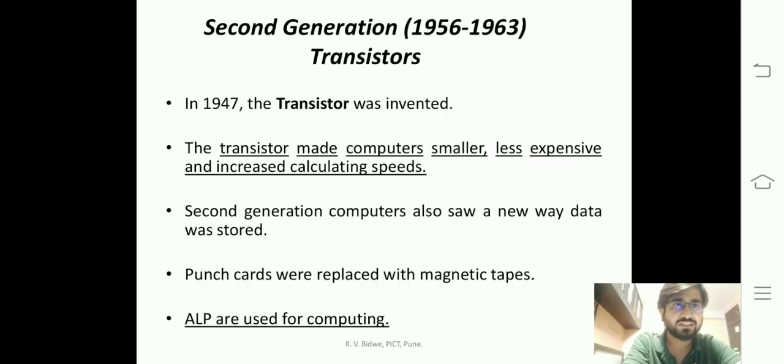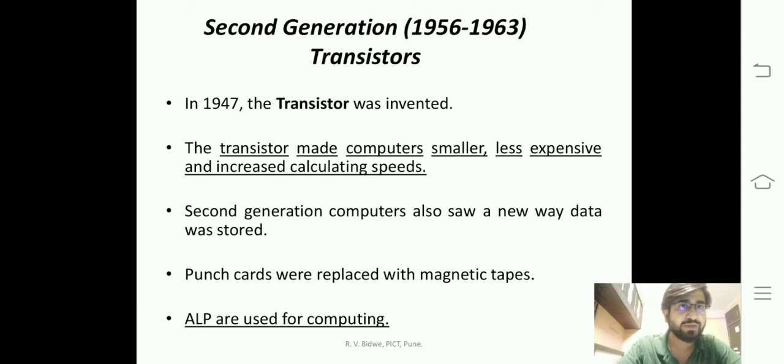In the second generation of computers, vacuum tubes were replaced by transistors. What was the biggest advantage of transistors? They are small in size compared to vacuum tubes. As transistors are small, the total size of the computer is reduced.